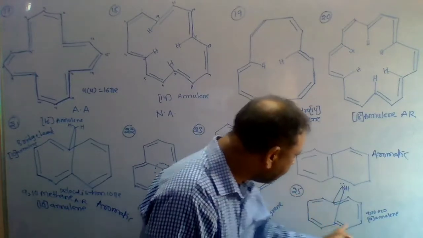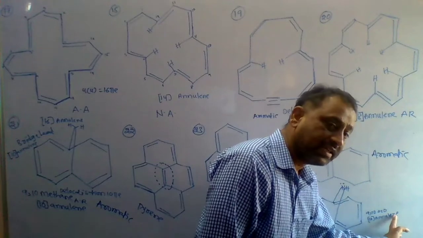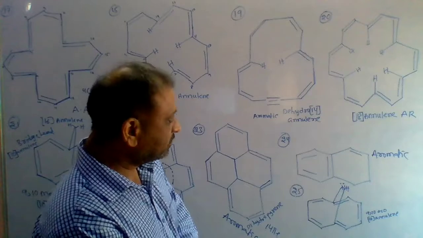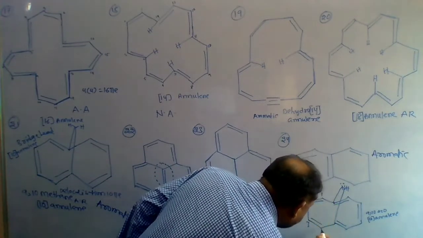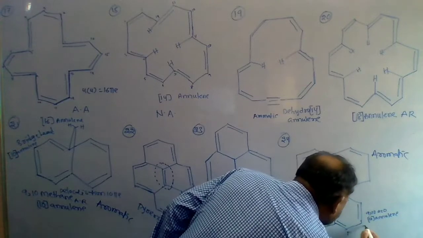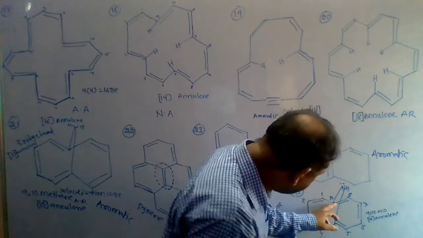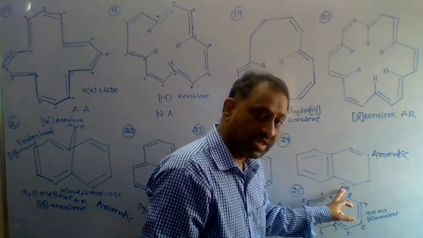Next example is 9, 10 aza 10 annulene. It is also a bridgehead annulene. Here the ninth carbon, 1, 2, 3, 4, 5, 6, 7, 8, 9, 10. Here the ninth and 10th carbons are connected to an NH group.